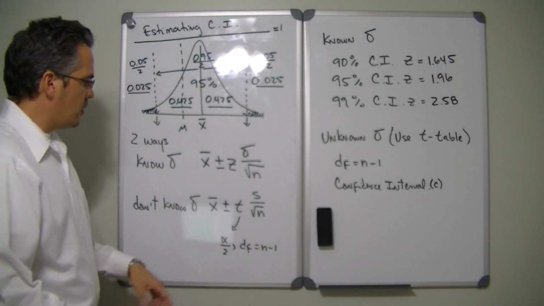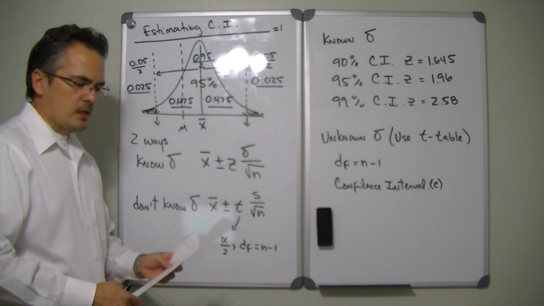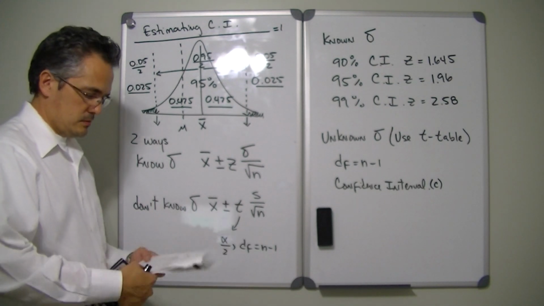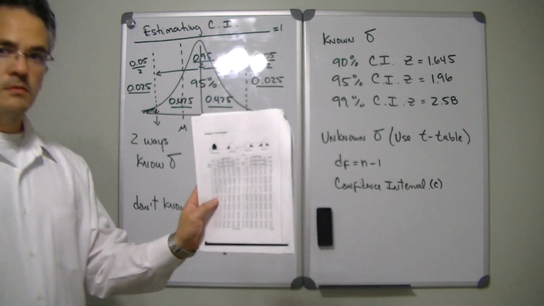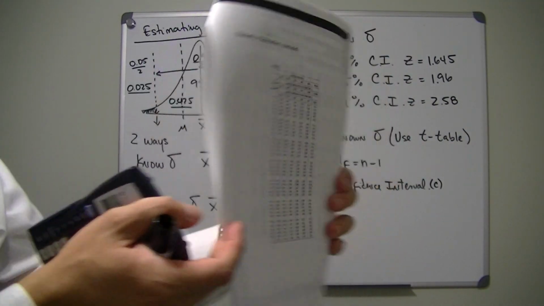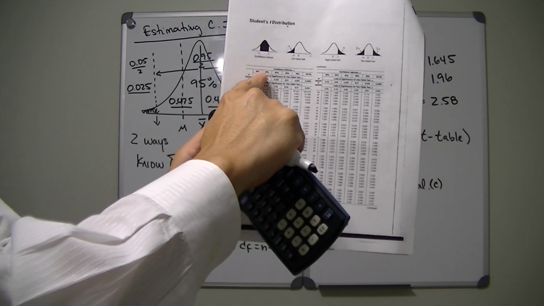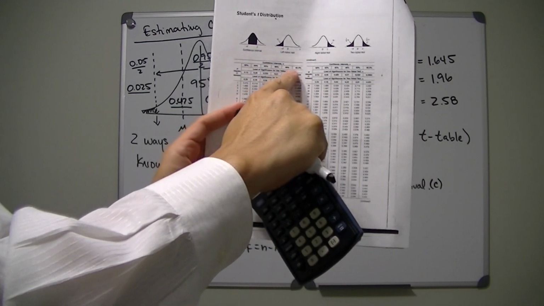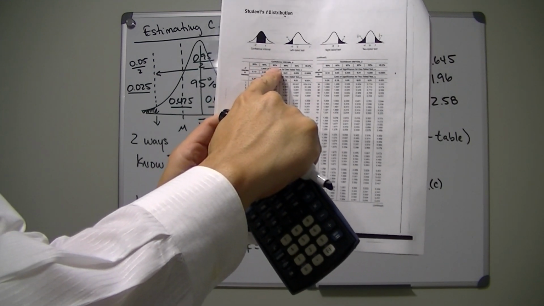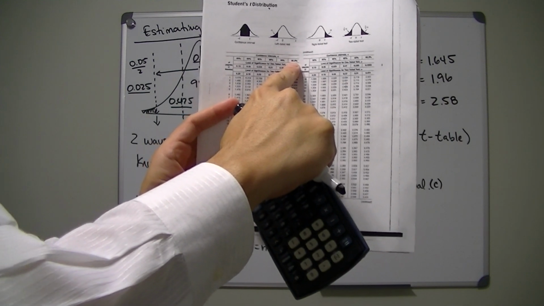Alright, now when you don't know sigma, in order to find that particular value, what we need to do is we go to the t table. We look at the top for the confidence interval that we want, and they have 80%, 90%, 95%, 98%, 99%, and 99.9%.